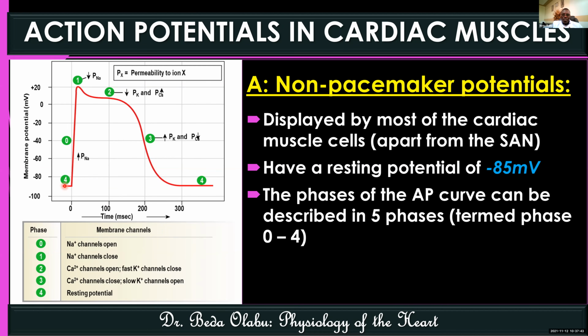So from that graph, what is phase 4? Phase 4 is the resting membrane potential. We have said that resting membrane potential is at negative 85 millivolts. What are the molecular events that maintain the resting membrane potential at negative 85 millivolts?